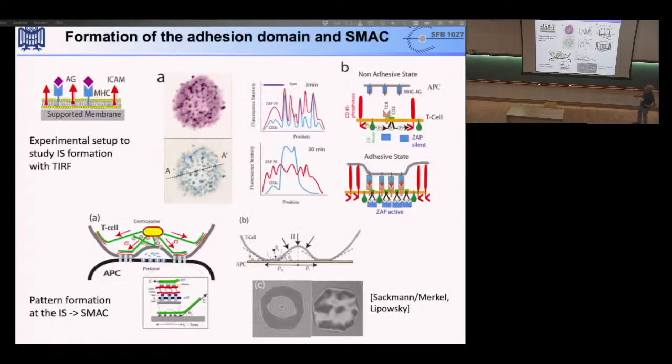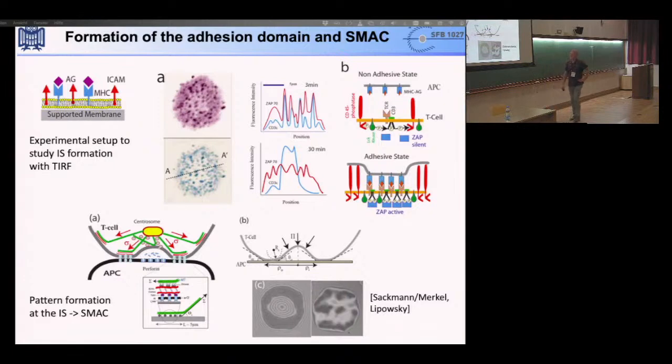Okay. Once this happens, here is already indicated that the centrosome comes close by. This is the chapter on repolarization of T cells during synapse formation. That has also been mentioned by Raja in his talk, that this centrosome repositioning also takes place here.